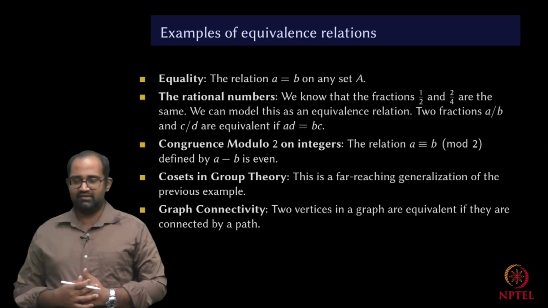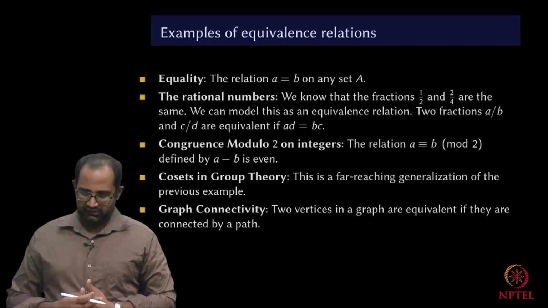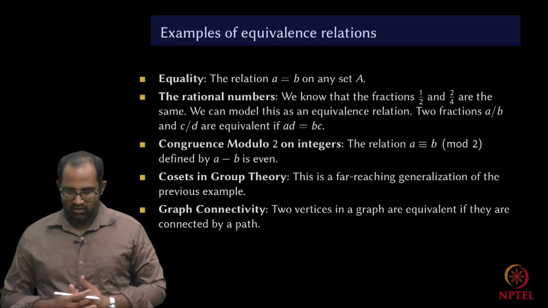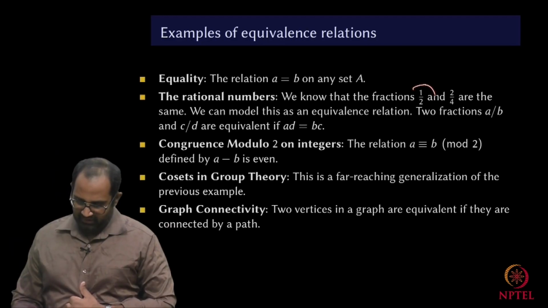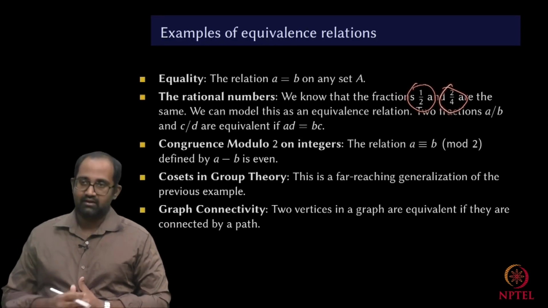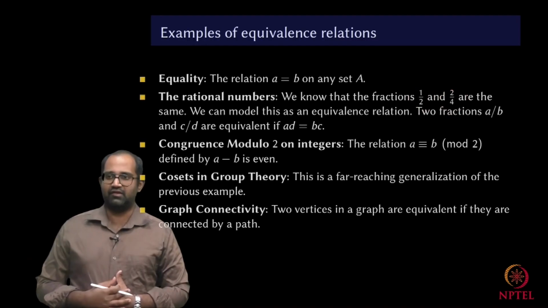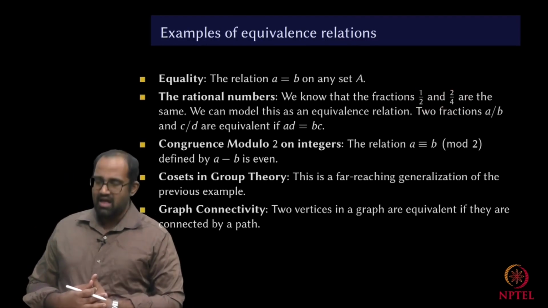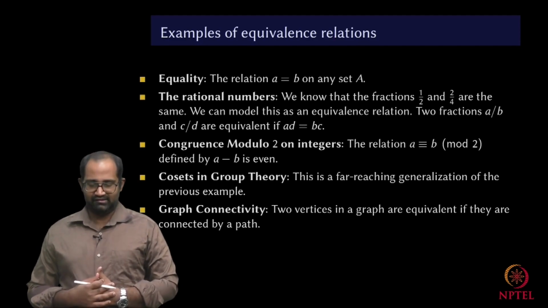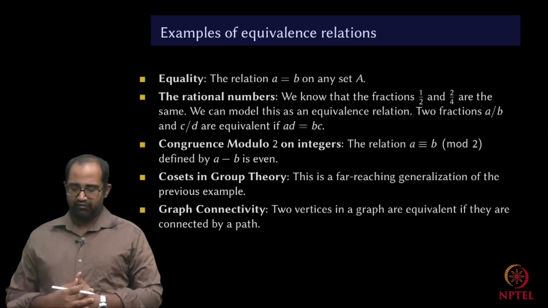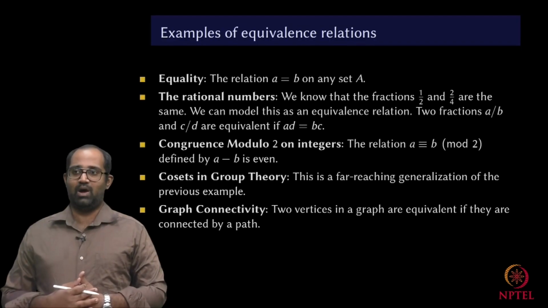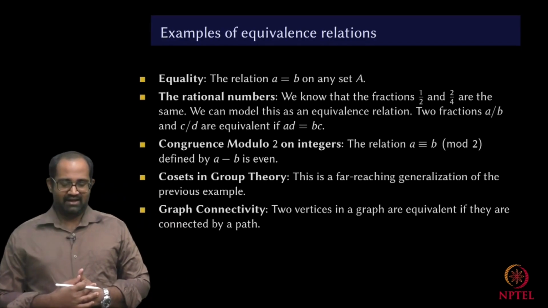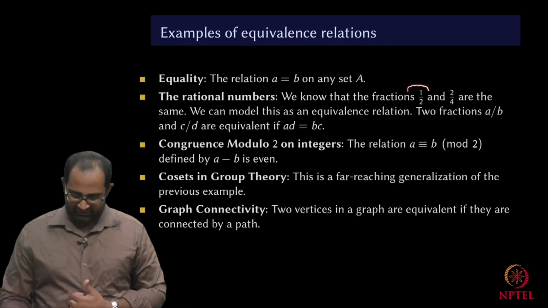The rational numbers, as we all know, are quotients of integers where the denominator is not allowed to be 0. For instance, we have fractions like 1 by 2 and 2 by 4. They look different. The first one has a 1 on top and a 2 at the bottom, the second one has 2 on top and 4 at the bottom, but ultimately they both are the same rational number. 2 by 4 is just another way of writing 1 by 2. So, this suggests that we take the set of all such fractions.